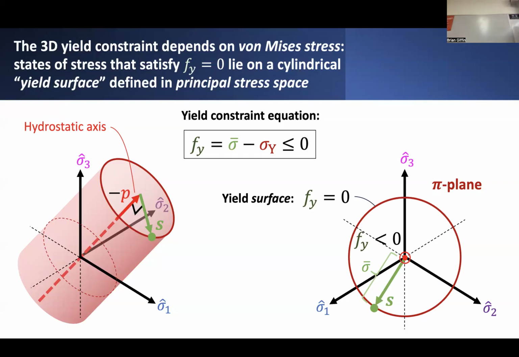It's a surface in principal stress space that corresponds to the criterion for yielding. So anytime I'm inside the yield surface, inside of this cylinder, I assume I have elastic behavior. Anytime I try to go outside of the yield surface, that's when I have plasticity.